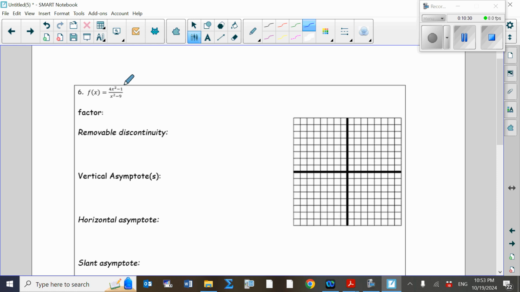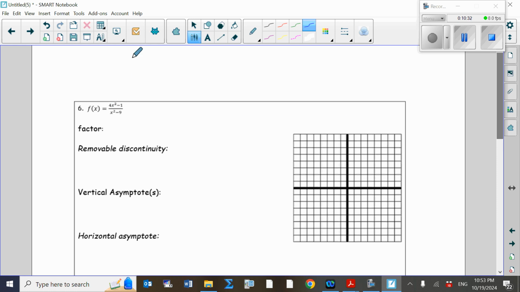Difference of perfect squares, because the top is 4x squared minus 1. 4x squared is 2x times 2x, and 1 is 1 times 1. So you're going to factor that as 2x minus 1 and 2x plus 1.